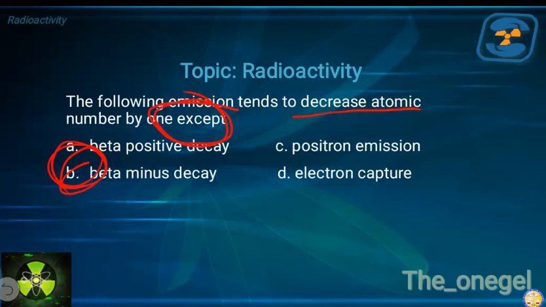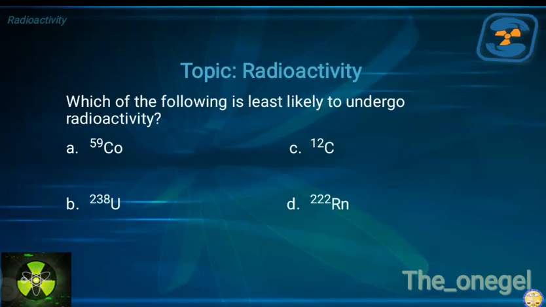Sige nga, double check natin. Beta positive decay, ano yung nangyayari sa atomic number? Di ba nababawasan? Positron emission, ano nangyayari? Di ba nababawasan? Electron capture, ano nangyayari? Di ba nababawasan? So, our correct answer is letter B.